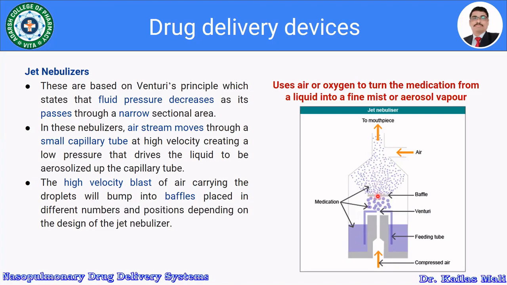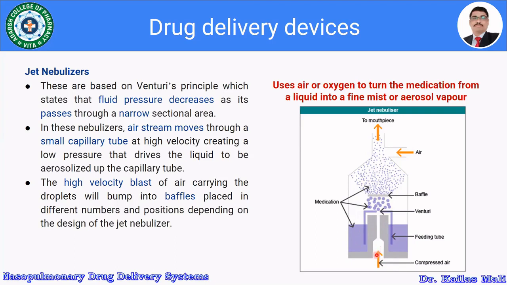Here it's a baffle, and this is the venturi, and here it's a feeding tube, right? So this is the venturi, isn't it? And here through this nozzle, we are supposed to pass the compressed air.